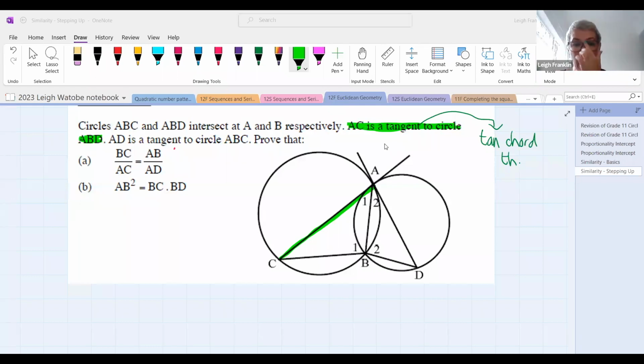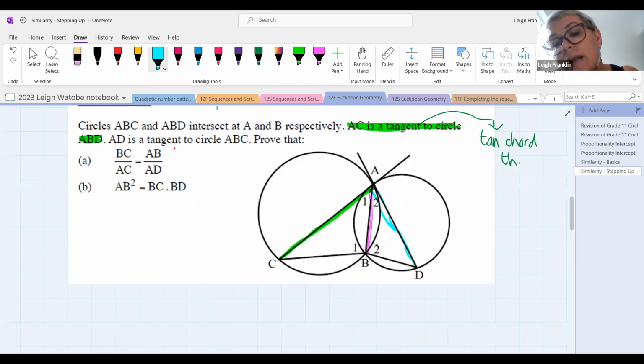Why is AB important for us? AB is important because if AC is the tangent, then what we've got here, let me highlight it for you, is a chord, AB, and that chord subtends an angle in the alternate segment.